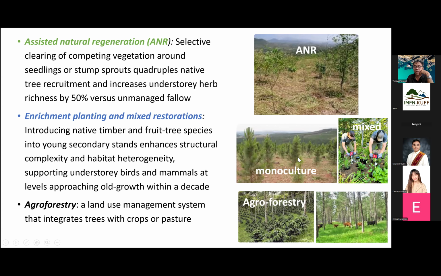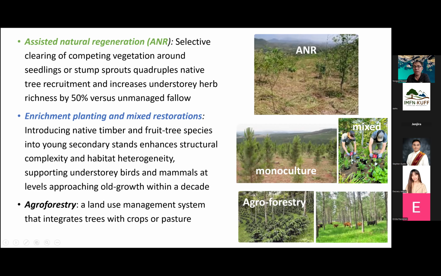The advantage of this one is that it is quite easy for maintenance, and it is cost effective. But the disadvantage, since we have one single species, is that it is quite different from the natural structure and has less species. But on the right-hand side, this one is enrichment planting or mixed species.